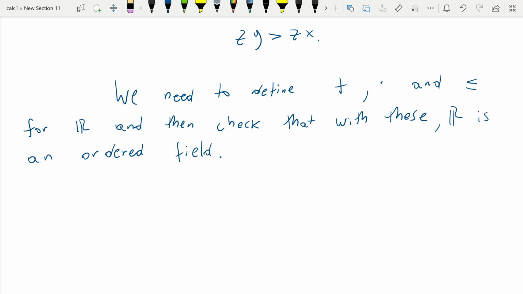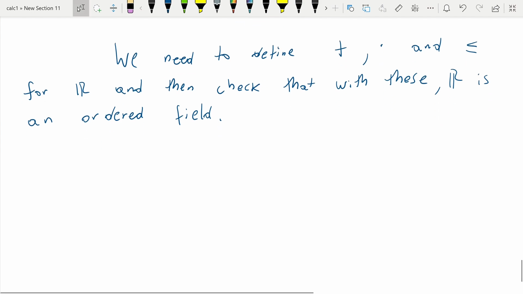And all the properties hold for the operations of addition and multiplication also.